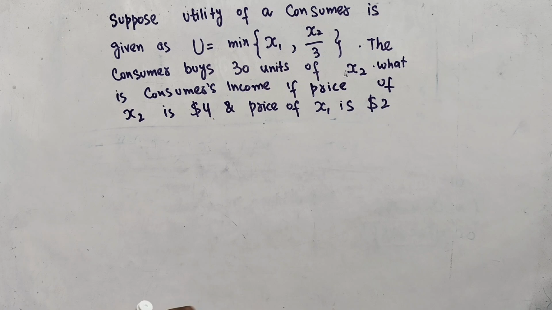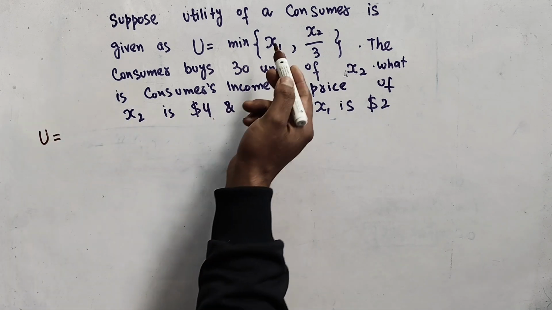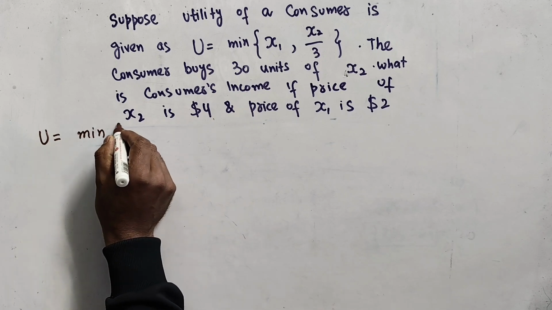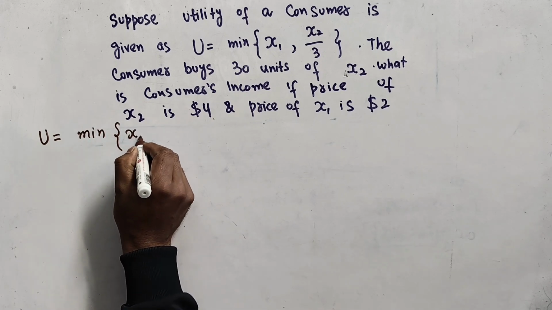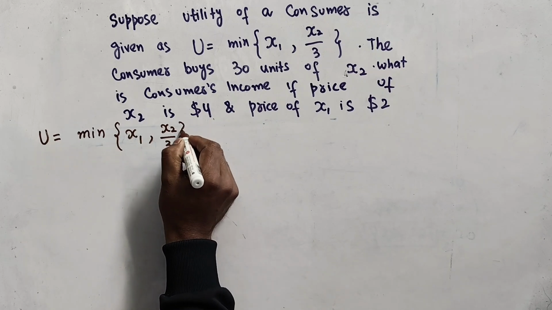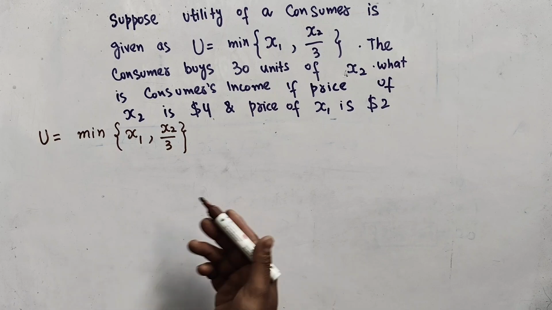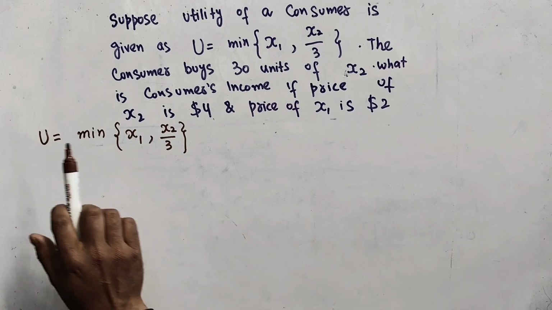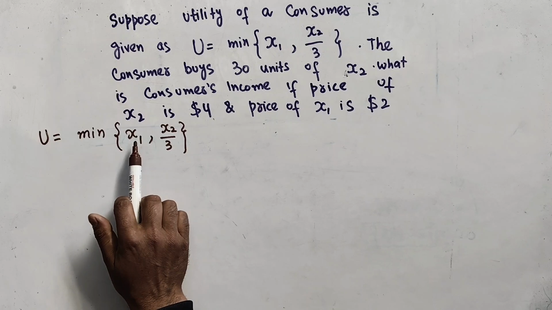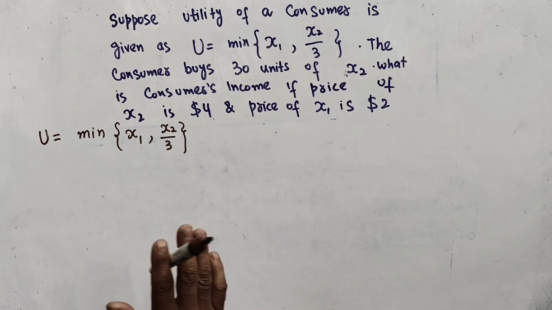Okay. So we have the utility function, that is utility derived by consuming x1 and x2 is being given by minimum of x1 comma x2 upon 3. Let us first understand what this utility function is. Utility derived is equal to minimum of whatever is in the brackets, x1 comma x2 upon 3. x1 and x2 denote the units of good x1 and x2.